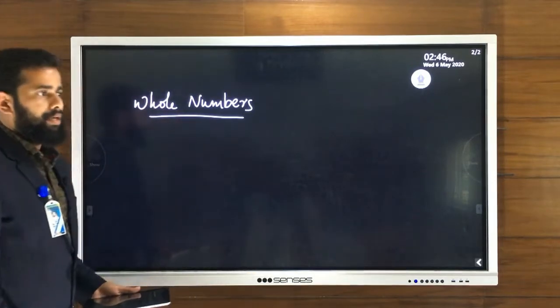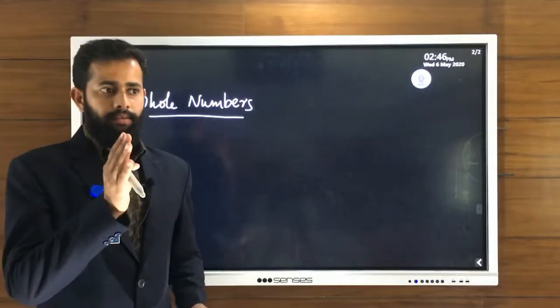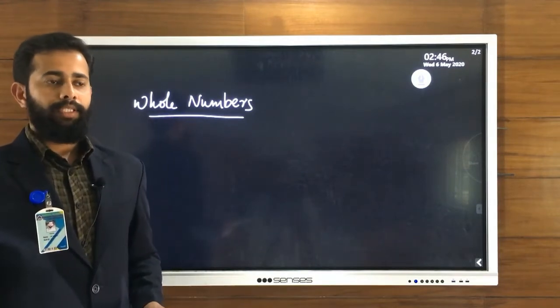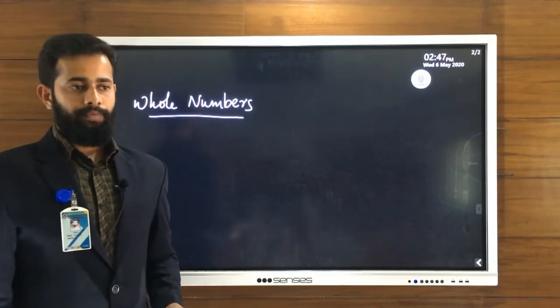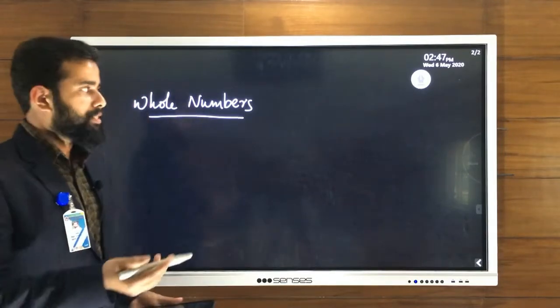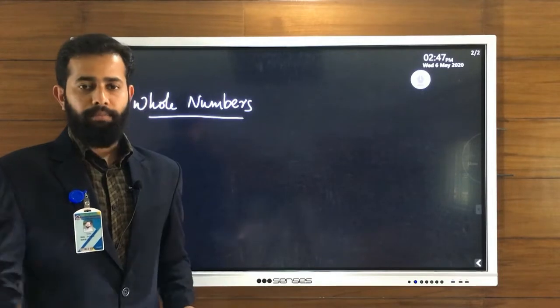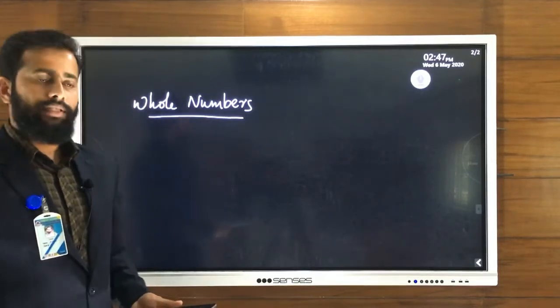Whole numbers are, there is one change from natural numbers to whole numbers. Whole numbers start from 0. Natural numbers start from 1, then 2, 3 and it is increasing. But the whole numbers start from 0.